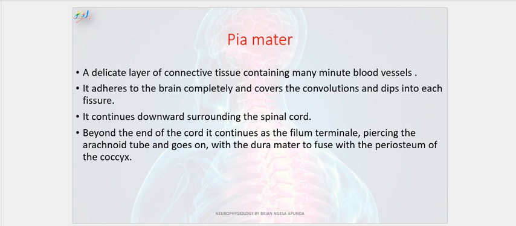We've been able to see that the two layers we've discussed so far are fibrous in nature. So the pia mater is more of a delicate connective tissue, containing mainly minute blood vessels. It adheres to the brain completely and covers the convolutions and goes deep into each fissure.